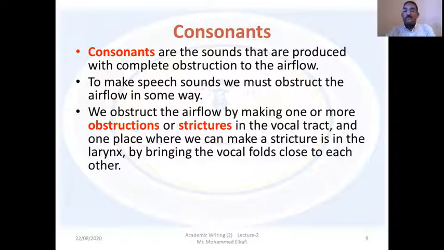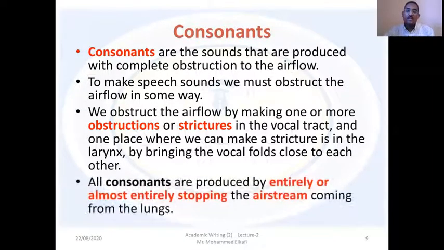We obstruct the airflow by making one or more obstructions or strictures in the vocal tract, and one place where we can make a stricture is in the larynx, by bringing the vocal folds close to each other. All consonants are produced by entirely or almost entirely stopping the air stream coming from the lungs.